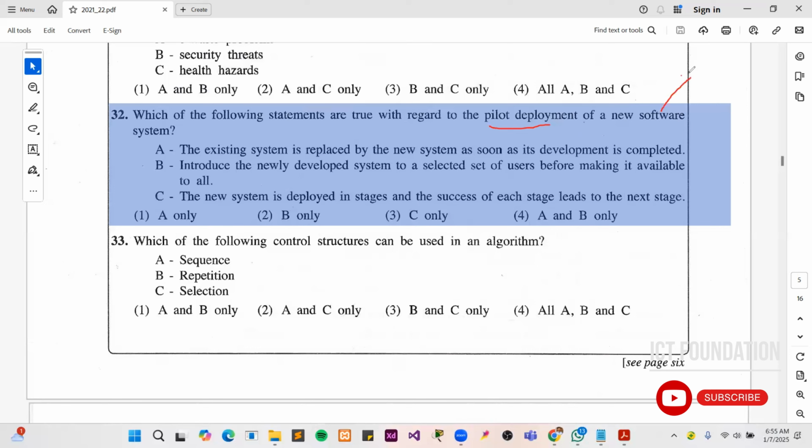We have four types of deployment in the system development life cycle. You have to memorize all four types yourself, because these deployment methods are generally utilized in current, concurrent activities.